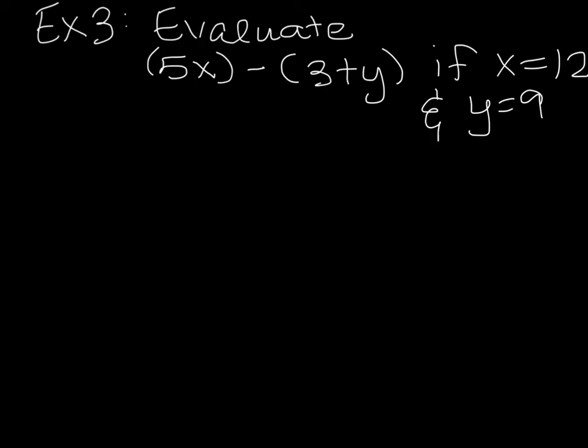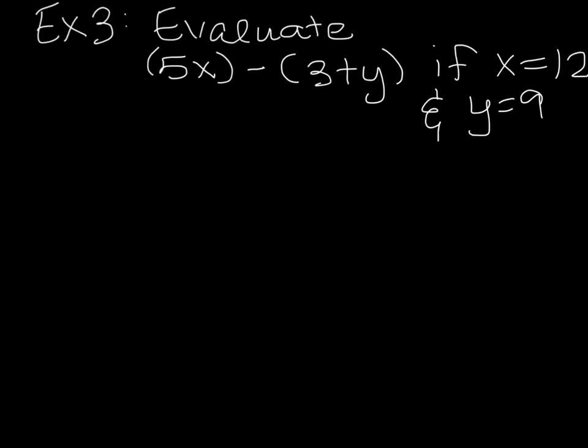Okay, so now in our third example, this is the most complicated example of the 3. We've got this expression here, and we're asked to evaluate it if x is 12 and y is 9. So now we have 2 different variables that we're plugging in numbers for, or substituting numbers for, before we evaluate or simplify this expression.